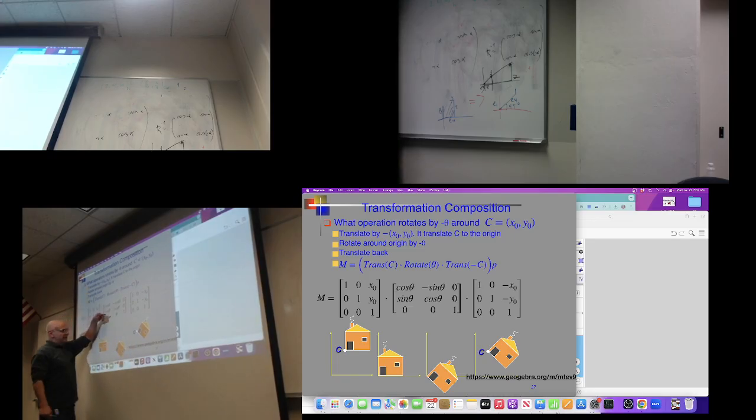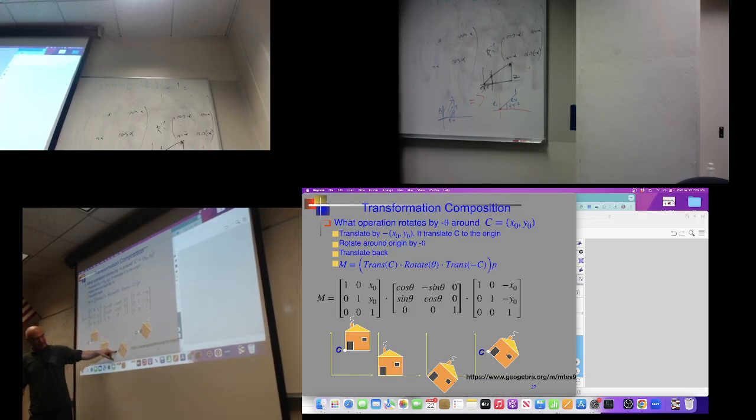What are these matrices? What was the algorithm to rotate it around C? Take it, shift it by minus C, so now its corner is at 0, 0, rotate counterclockwise, and put it back in place.